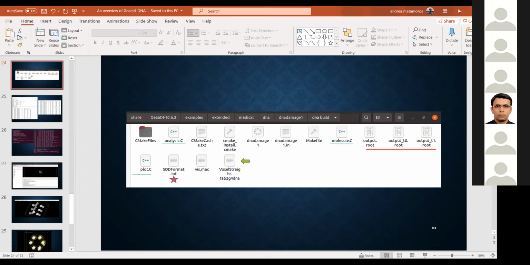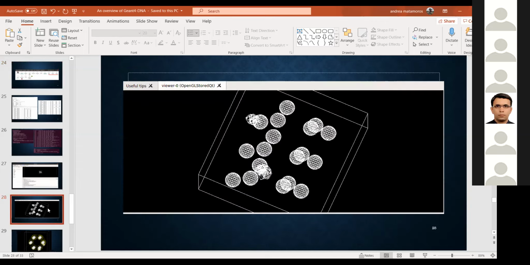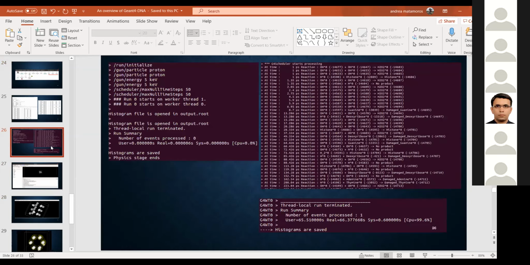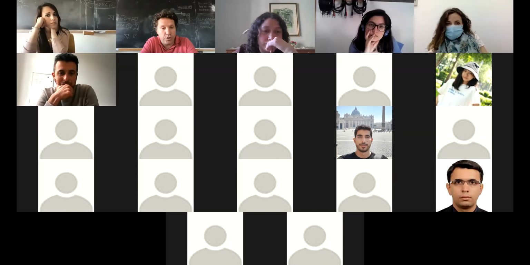And I'm coordinating the section on radiobiology in connection with Monte Carlo. One of the aims of this project is to try to compare Monte Carlo results obtained with Geant4-DNA towards the real measured single and double strand break.